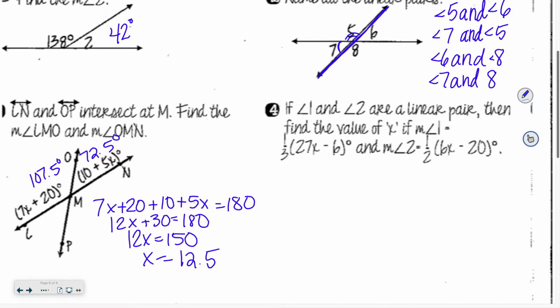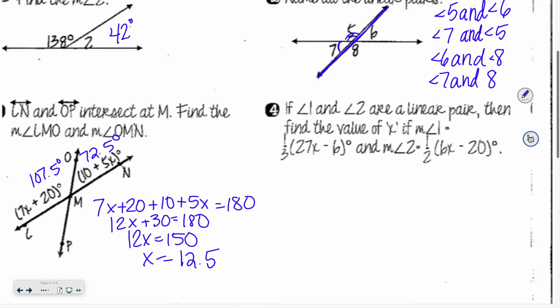My keyword or phrase is linear pair. Anytime I see linear pair, that means I'm going to add them and set them equal to 180. This is the second time I have given you an easy problem where the numbers in the parentheses are divisible.